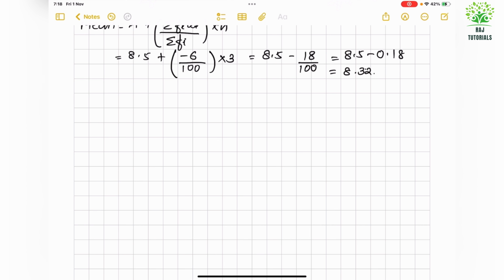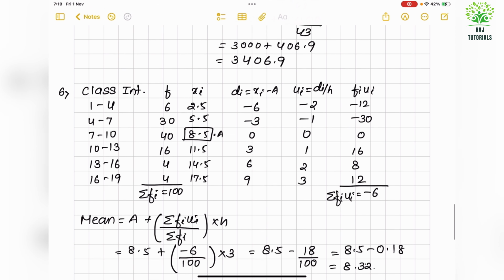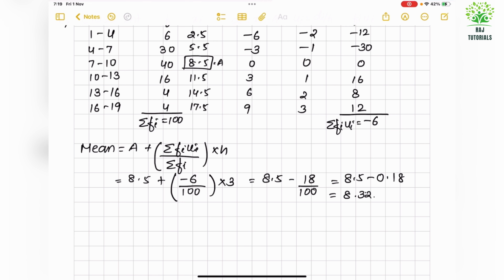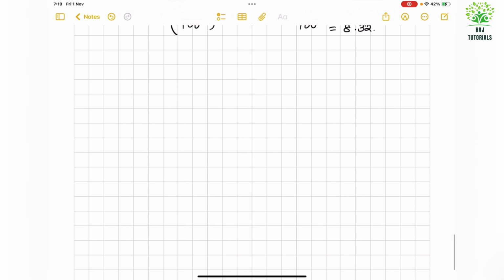Now for median, I need class interval and f. So see, class interval and f, maximum value is 40. So I will take this. There L will be 7, n by 2 will be 50, cf will be 36 and f is 40 and h is 3.